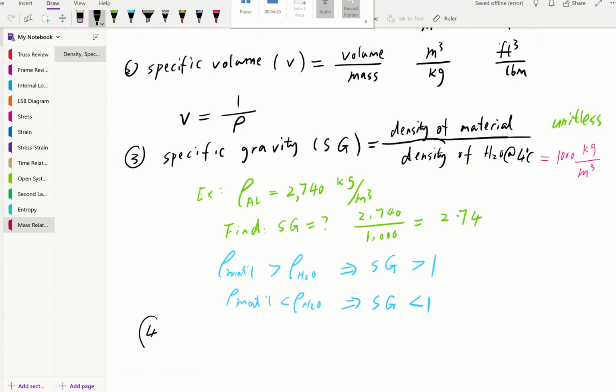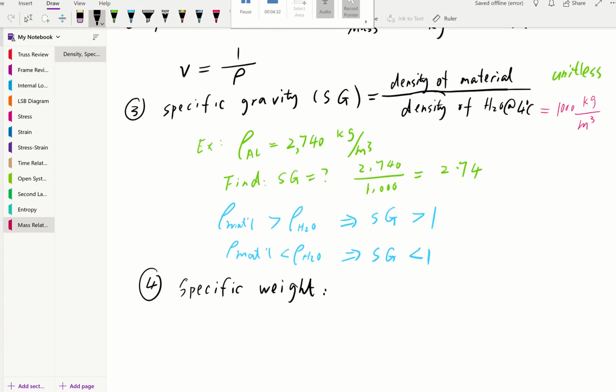The last concept is called specific weight. Specific weight has no symbol. It is weight over volume.